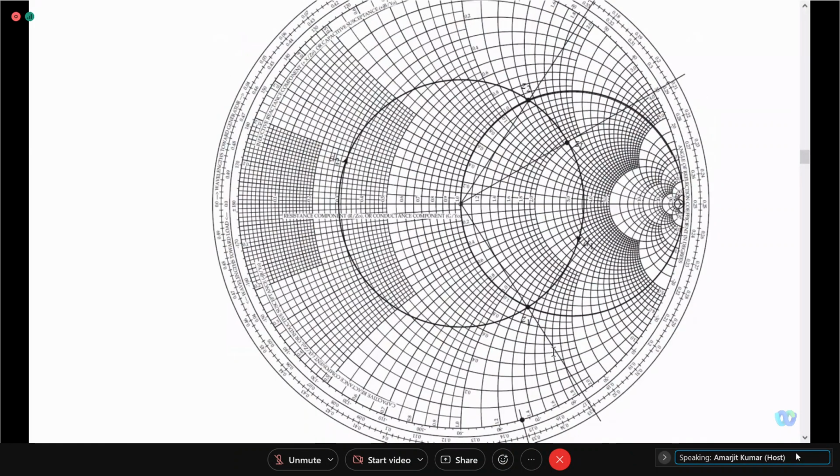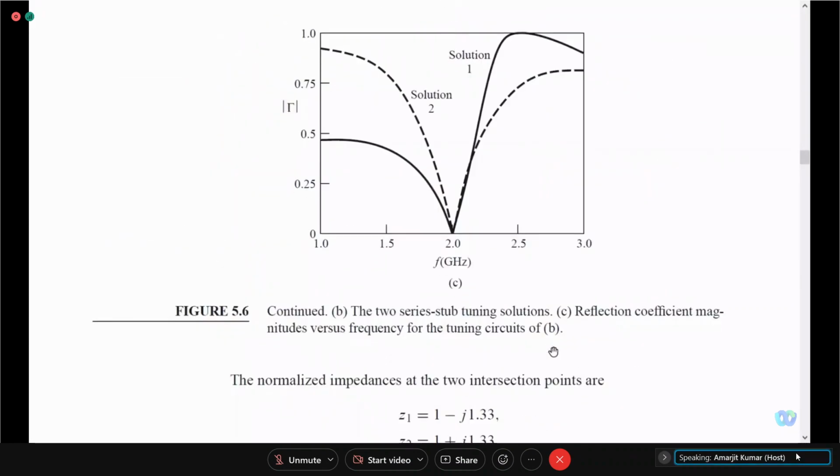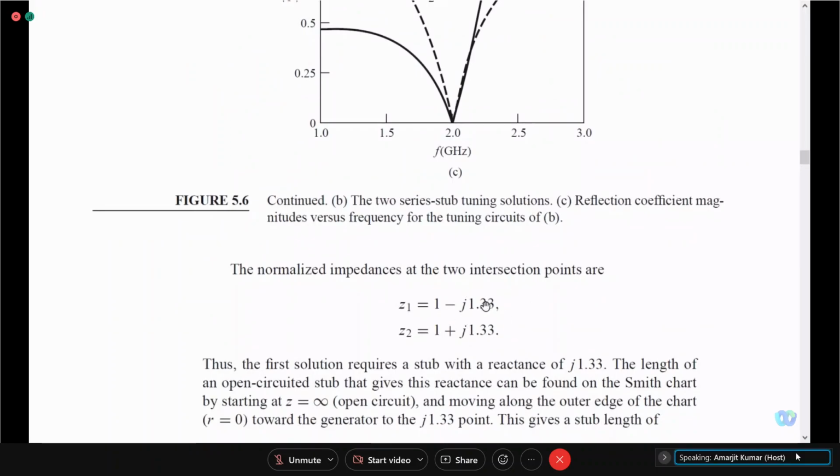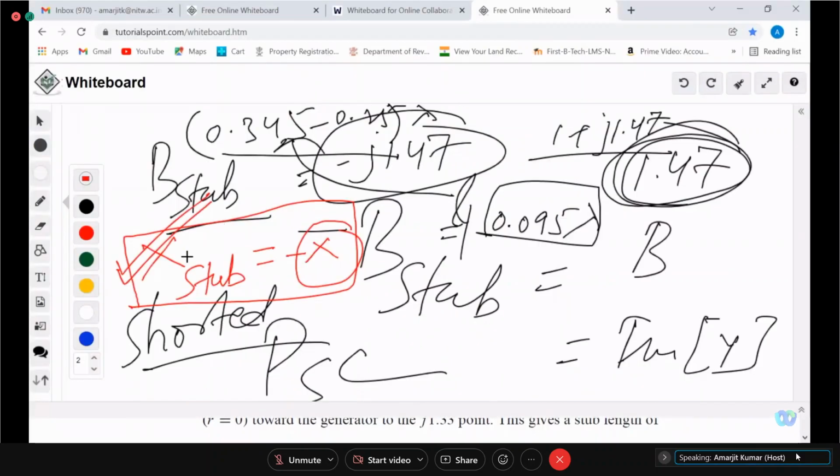So 1.33 or 1.32, whatever you would like to take. 1.33 is taken. See, that is Z1, as per this minus 1.33. So what will then be x stub? Because minus of that. So minus J 1.33 is the value, and minus of that, J 1.33, is equal to the reactance of the stub. Now look at this point, J 1.3.